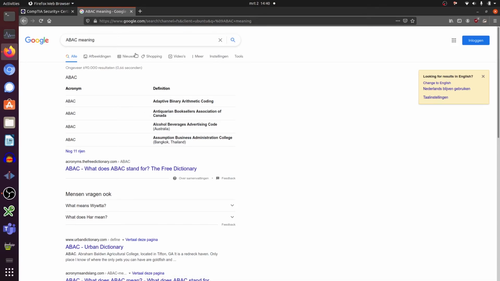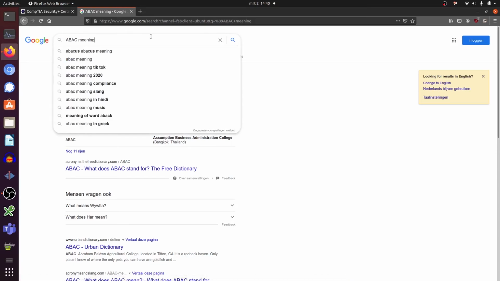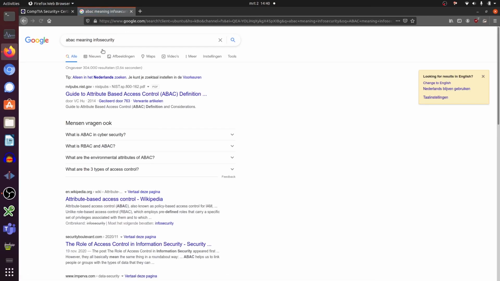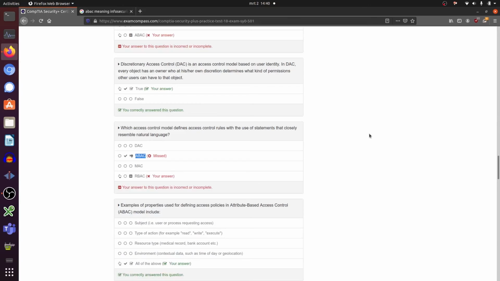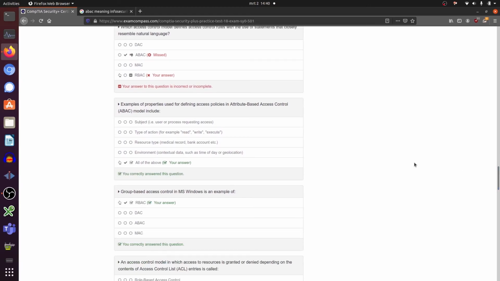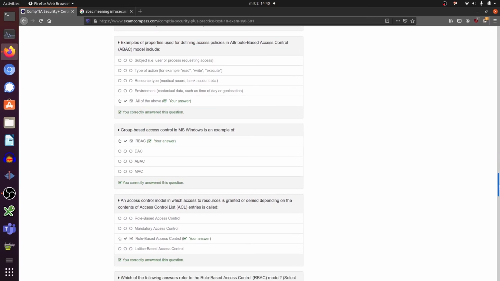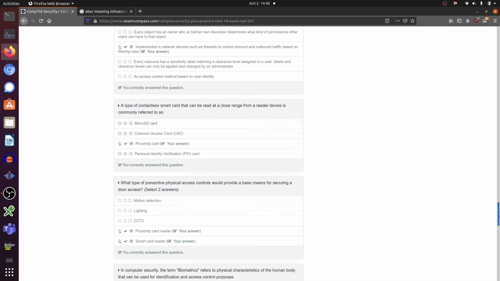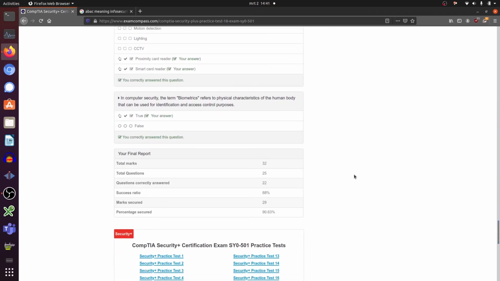Okay. Just one more second. Info security. Attribute-based access control. Okay, thank you, Google. Let's see. Examples of properties used for defining access policies. Yes, correct. Group-based, so rules. Yes, yes, yes. Okay, 25 questions, 22 answered correctly.